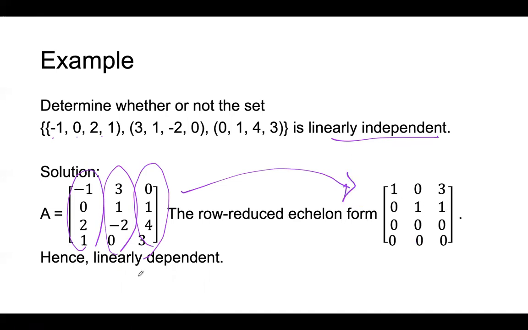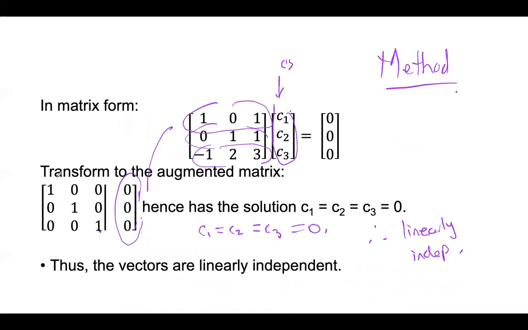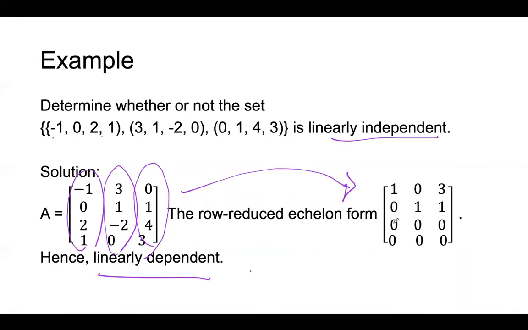And you see that it is linearly dependent, because it's linearly independent if and only if the row reduced echelon form of A consists only of distinct elementary columns. Like we did back here, they had distinct elementary columns, and this was all equal to 0. Here it is not distinct. There's a row of zeros, so this is not distinct, so it's linearly dependent.